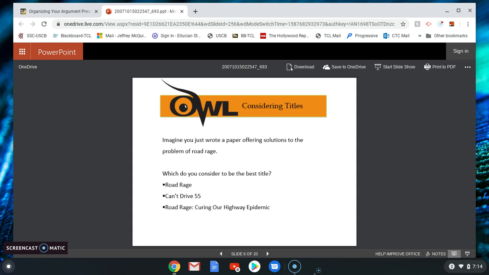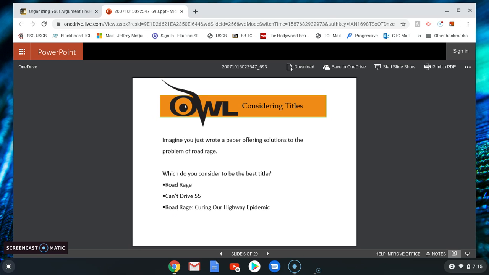The second option, it is interesting, but it's not specific enough. What about Can't Drive 55? Are we talking about issues of road rage? Are we talking about raising or lowering the speed limit? Are we talking about something about age restrictions for driving or something like that?